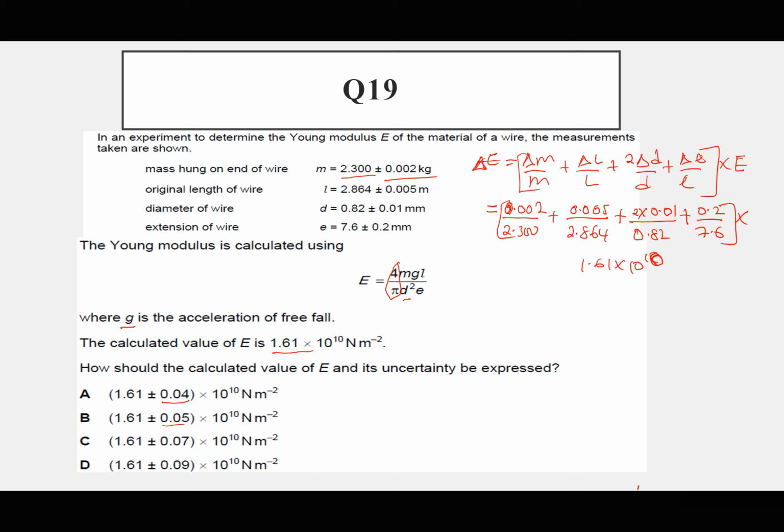I multiply this by 1.61 times 10 power 10, and I hope it gives you almost the same thing. This is giving me 474,679.3.